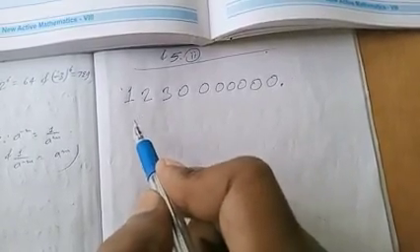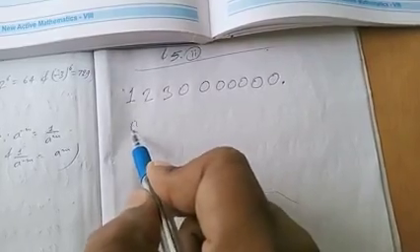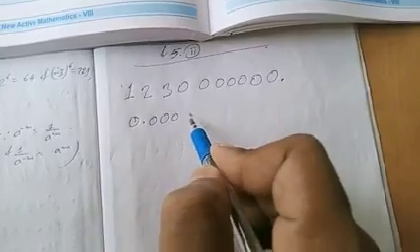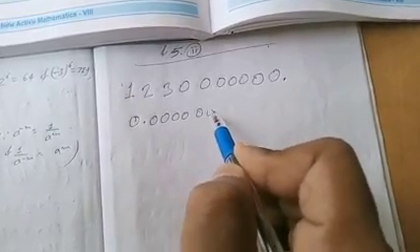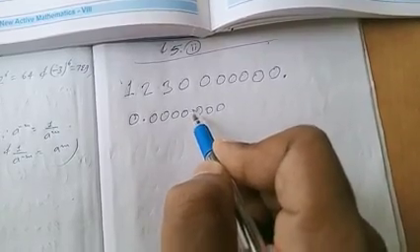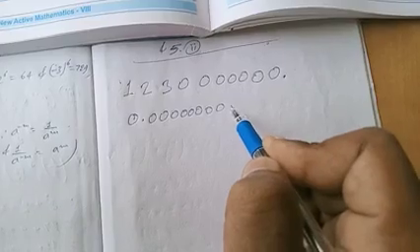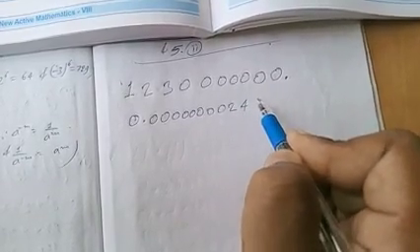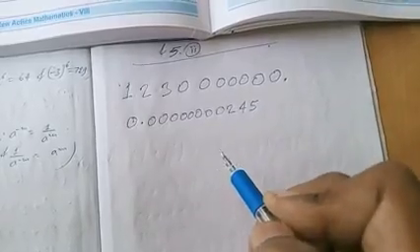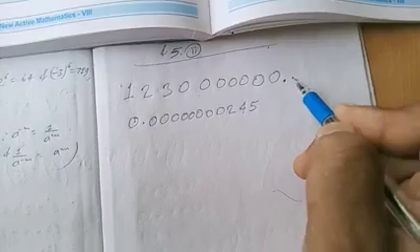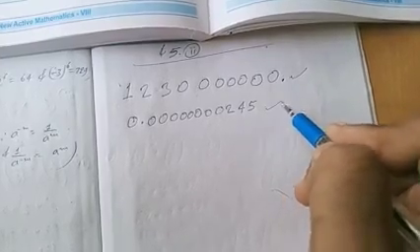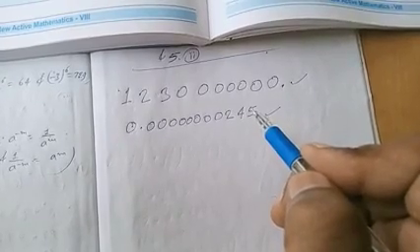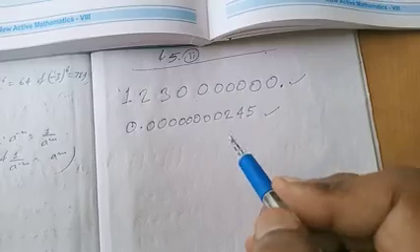Or maybe the number is very small, like 0.0000000, fill one more zero here also, and then 2, 4, 5. This is a very small number, and the other one is a very large number. How to write such numbers in the standard form, that is what we are going to learn today.